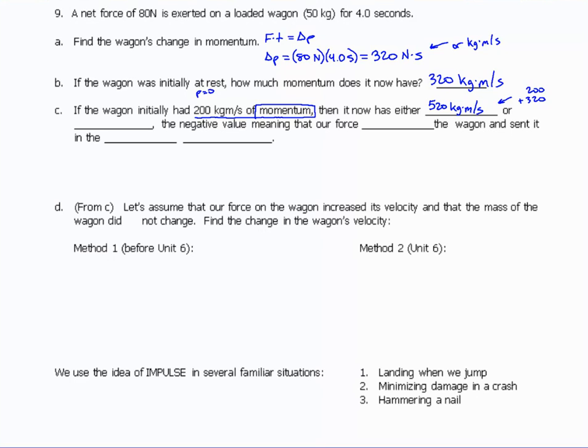Or, if it originally had 200 kilogram meters per second of momentum and the impulse is in the other direction, it might be 200 minus 320, negative 120 kilograms times meters per second. This negative value means that our force stopped the wagon and sent it in the opposite direction.